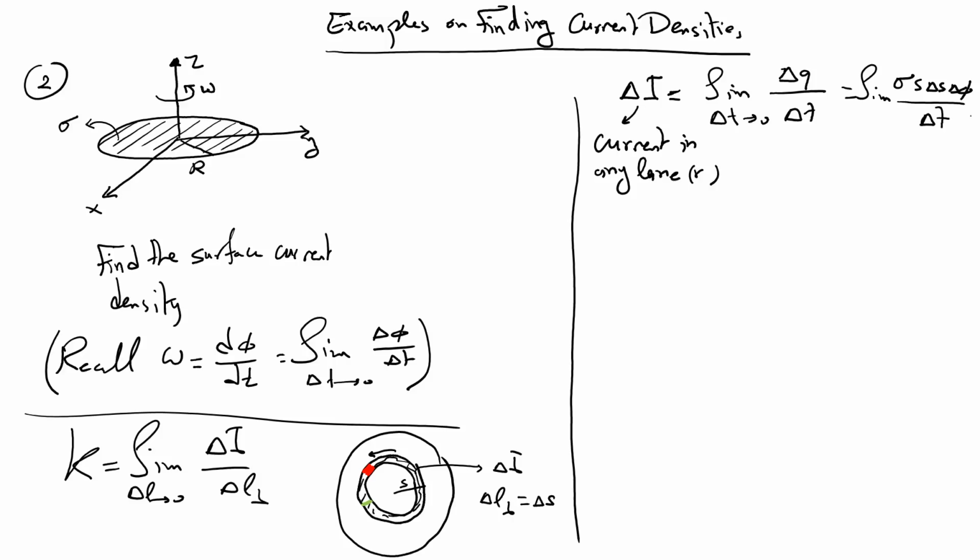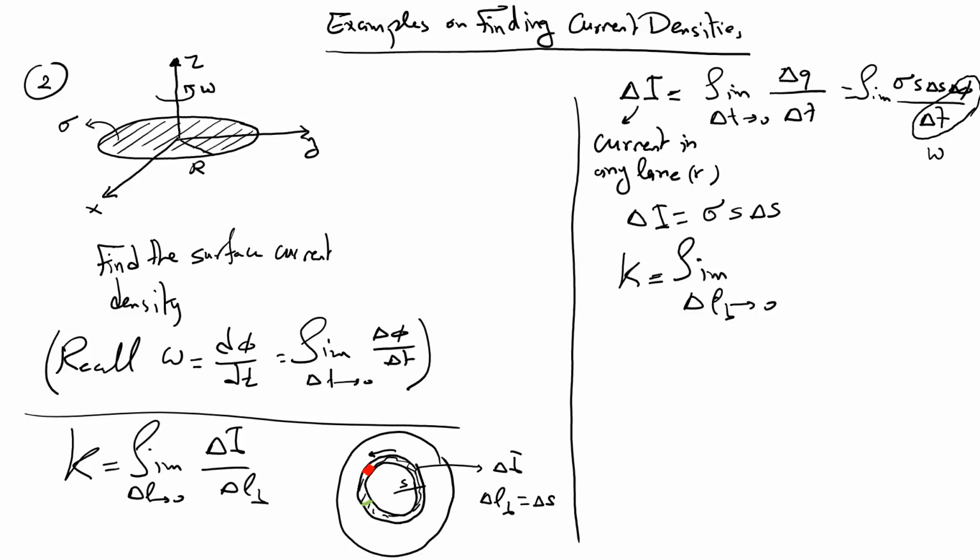As we agreed, the limit as delta t tends to 0 of this quantity is nothing but omega. So now delta I within a specific lane of radius r is sigma omega s delta s. Then how to find K? Well, you take this delta I and divide it by delta L perpendicular, which is delta s. So let's write this again.